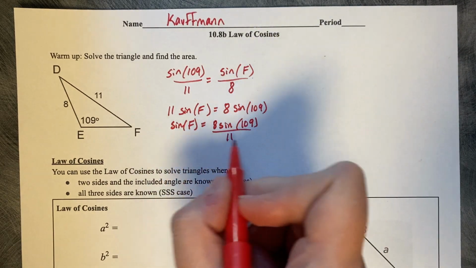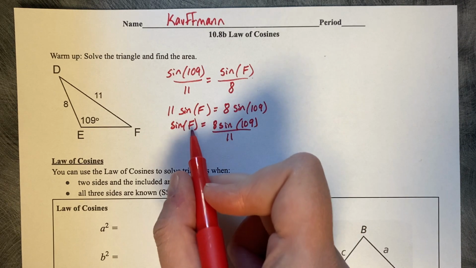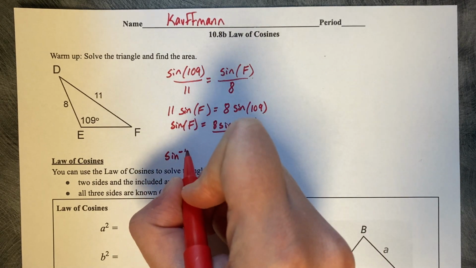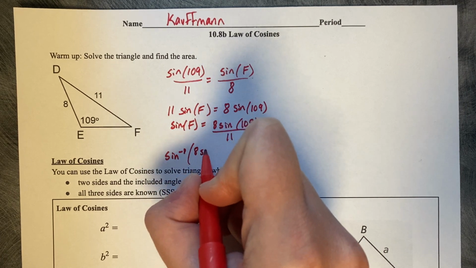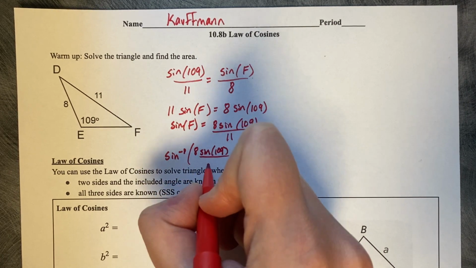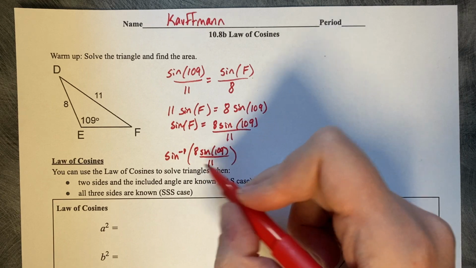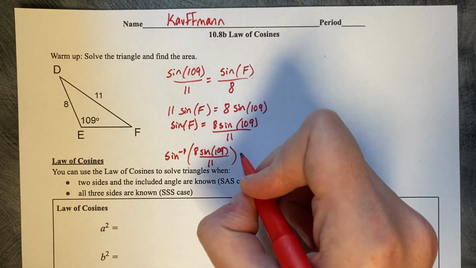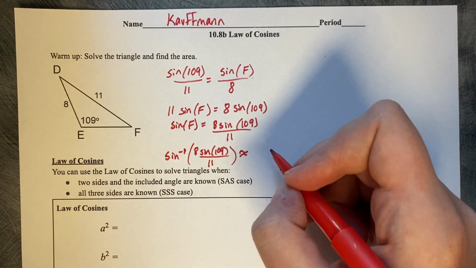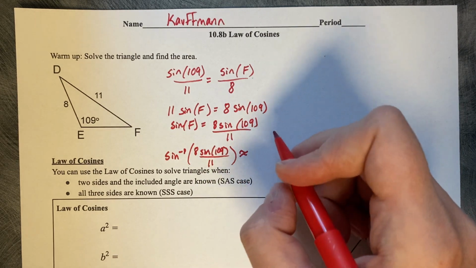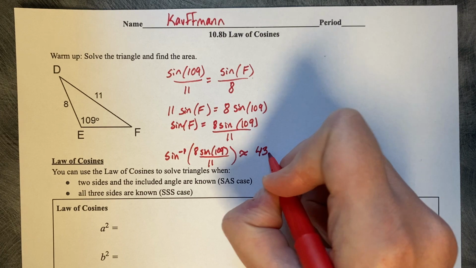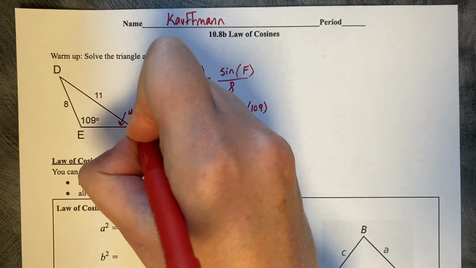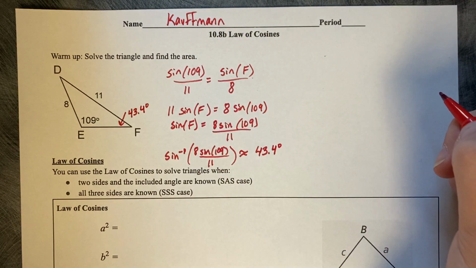And then we use inverse sine to get the value of F. So it's going to be the inverse sine of 8 sine of 109 divided by 11. When we type this in our calculator, it is approximately 43.4 degrees. So this angle F is 43.4 degrees.